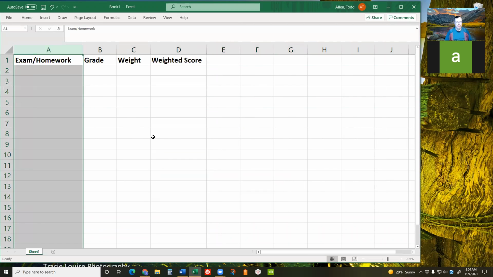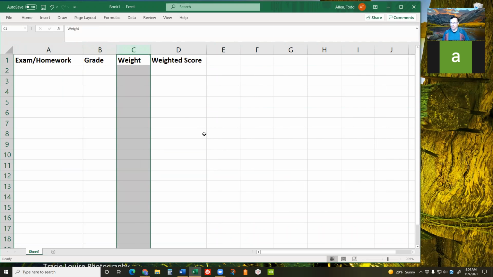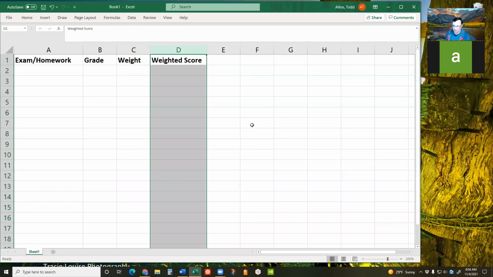Column A is going to be the name of the exam, such as lecture exam 1, lab exam 1, that kind of thing. The second column is going to be the grade that you earned on the exam. The third column is going to be the weight of the exam or homework, and that's taken from the front page of your syllabus. Okay, you don't have to bring that up. I'll provide it for you here today. And then we also have the weighted score, okay? And I'll explain what that means in just a moment.